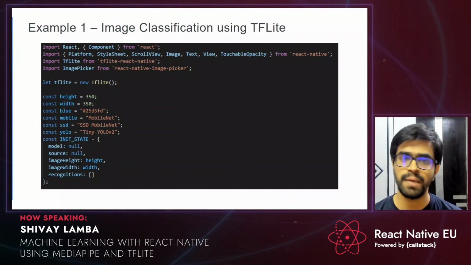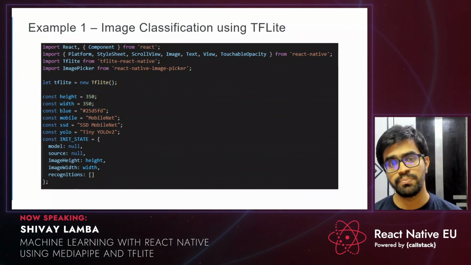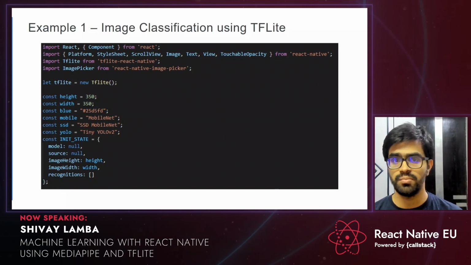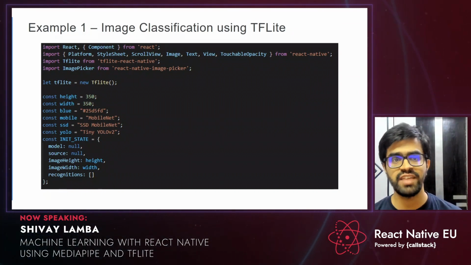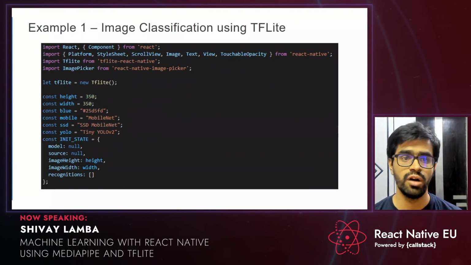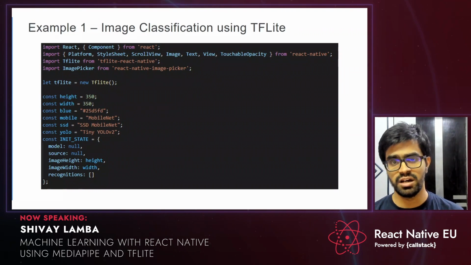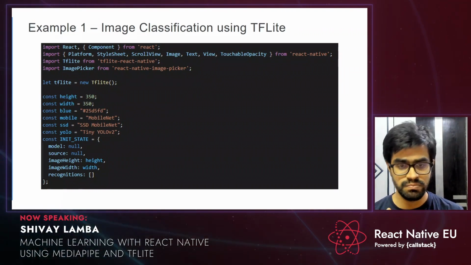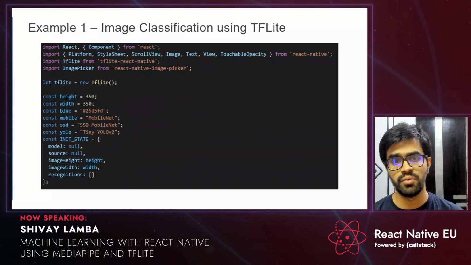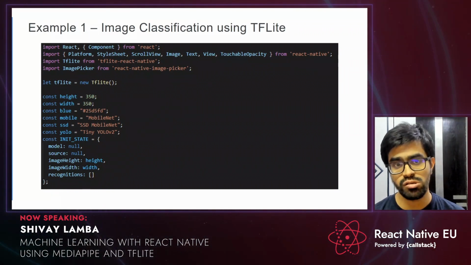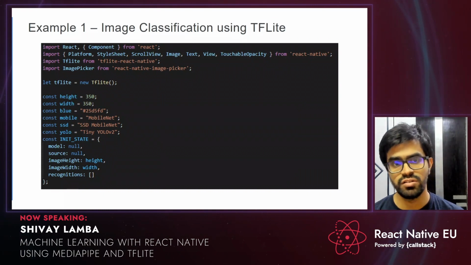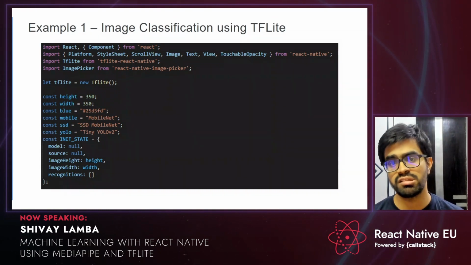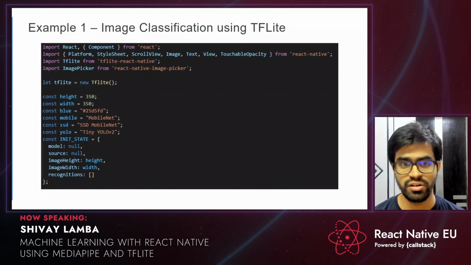This is an npm package created for importing TFLite inside of React Native. The idea is that we'll be using the image picker npm module to pick any image, and in our React Native application, our machine learning solution will detect what the class of the image is.